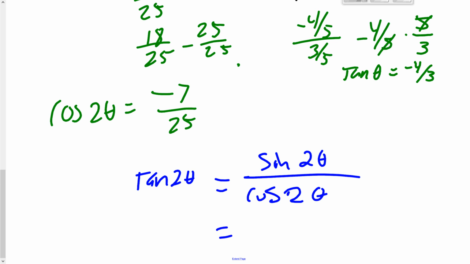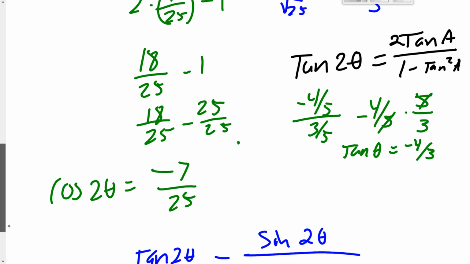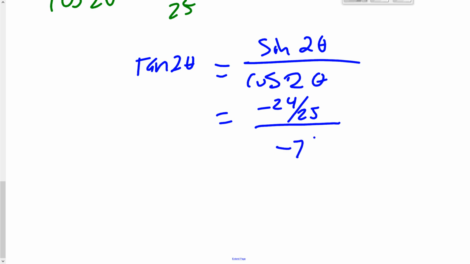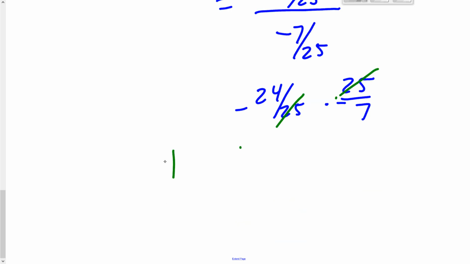And we know sine is negative 24/25, and cosine is negative 7/25. So that is negative 24/25 times 25/7, negative. So negative times negative is a positive. 25s cancel out. We get tangent of 2 theta is equal to positive 24/7. So there's all 3 of our answers there.